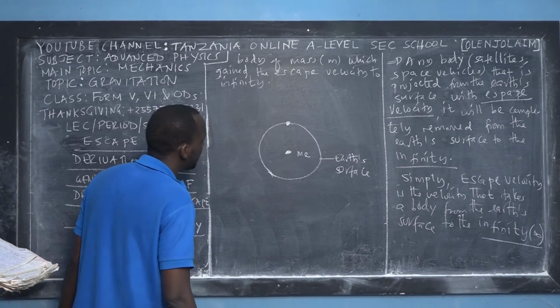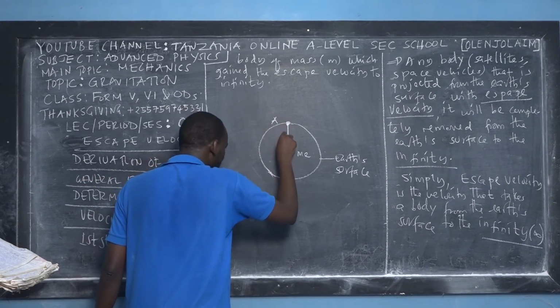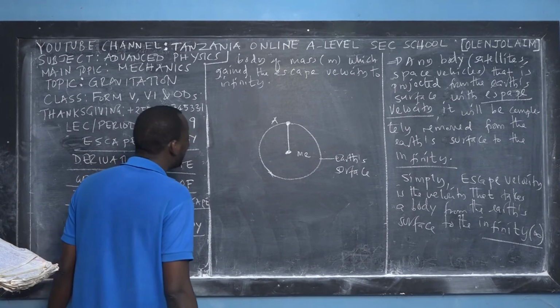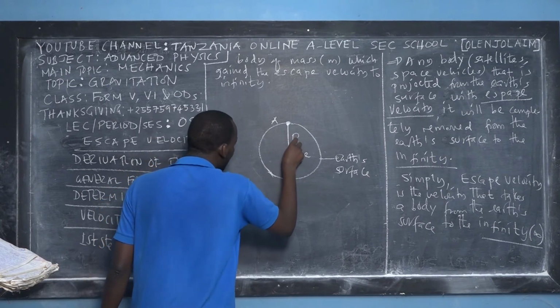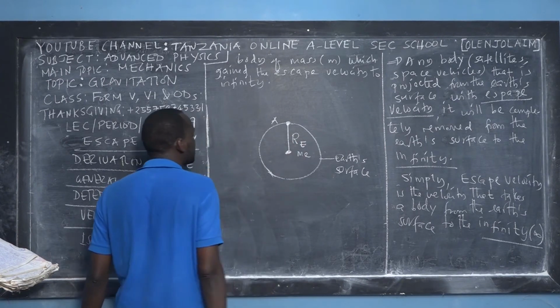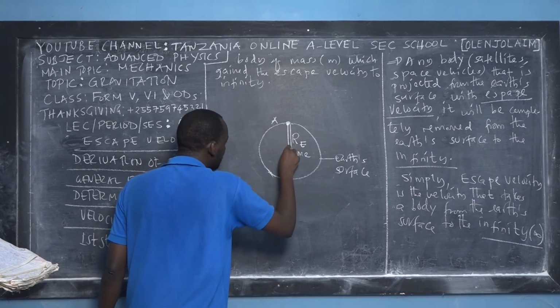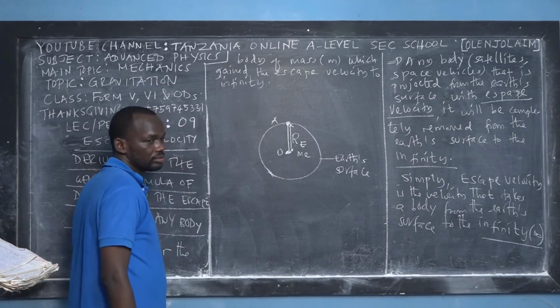At this point, suppose that is point A. The distance between the center of the S and point A is called the radius of the S, so the distance from point O, let's say, to point A.